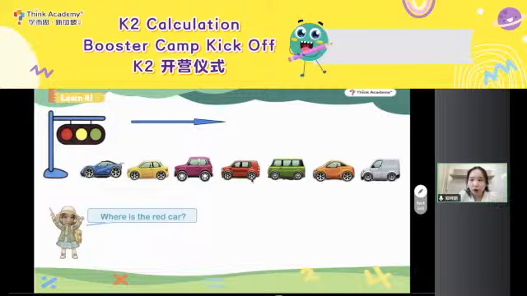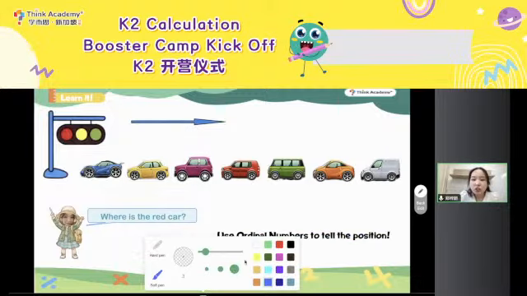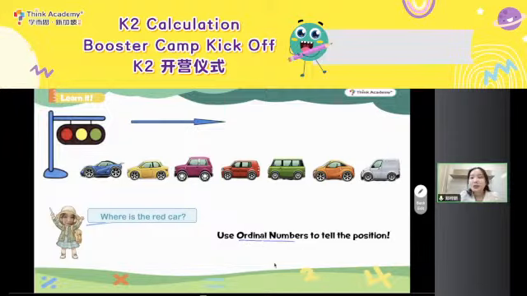So now, from left to right, let's count all these cars. This is the number 1 car. We call it first. So the second one is the second, third, the fourth, right?